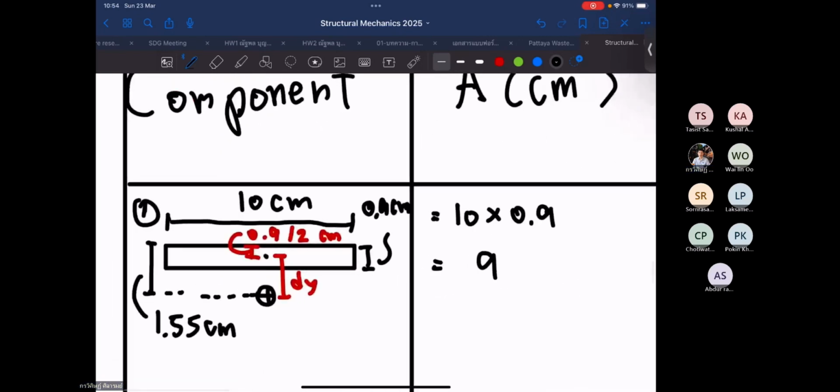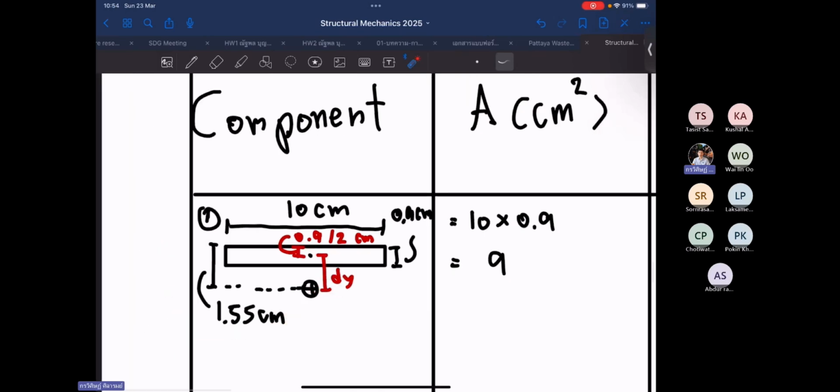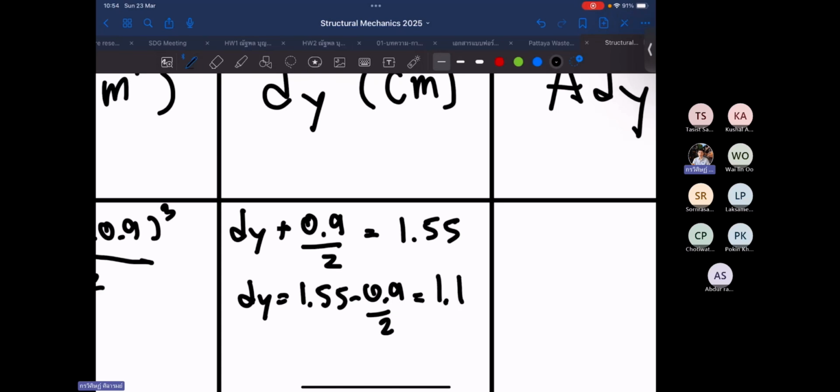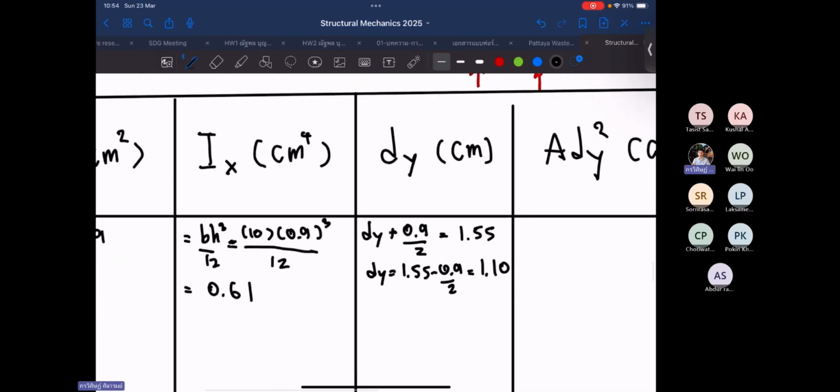So dy equals 1.55 minus 0.9 divided by 2, so dy is 1.1 centimeter.